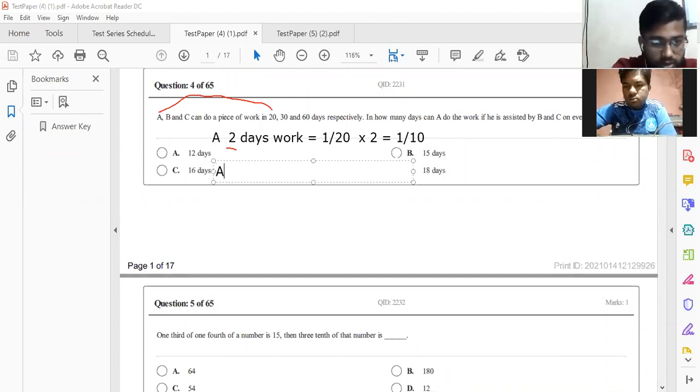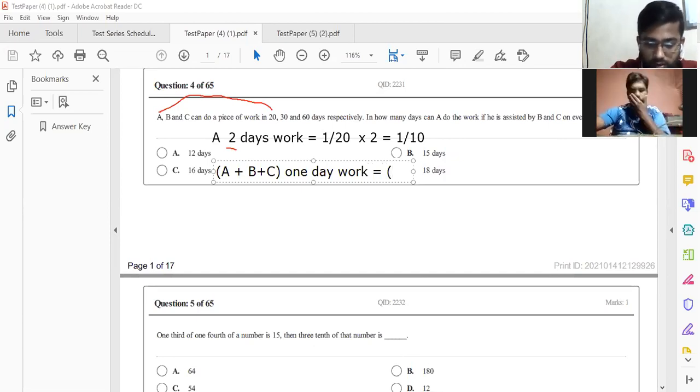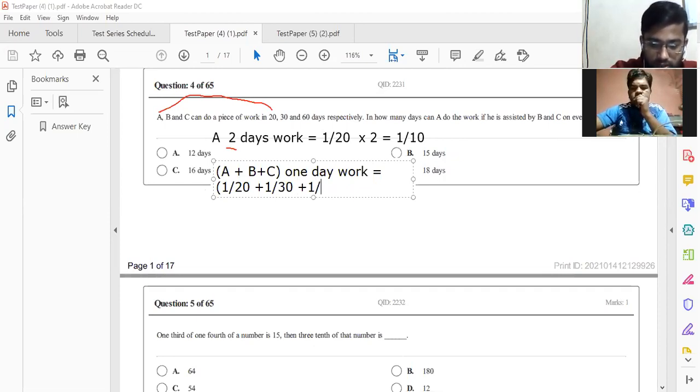It is 1 by 20 plus 1 by 30 plus 1 by 60.